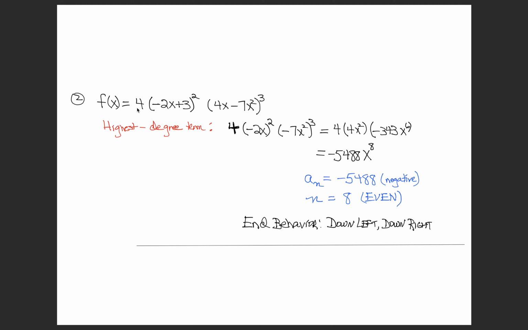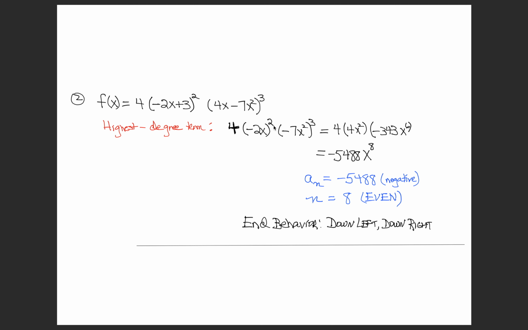And in developing that, from the first factor, we had the constant 4. And then for negative 2x plus 3 squared, we don't have to square out all of negative 2x plus 3. We just need the higher order term, in this case negative 2x, raised to the second.